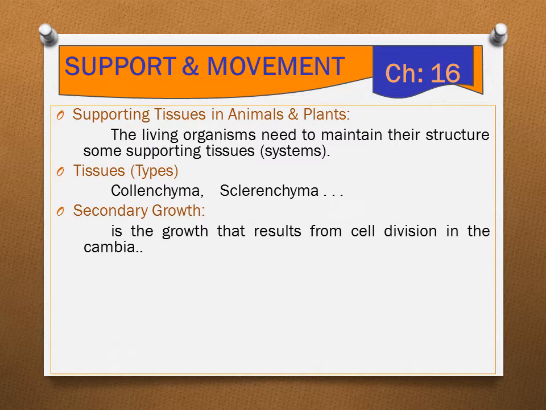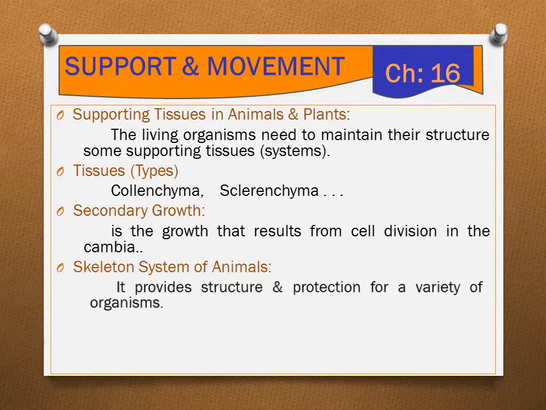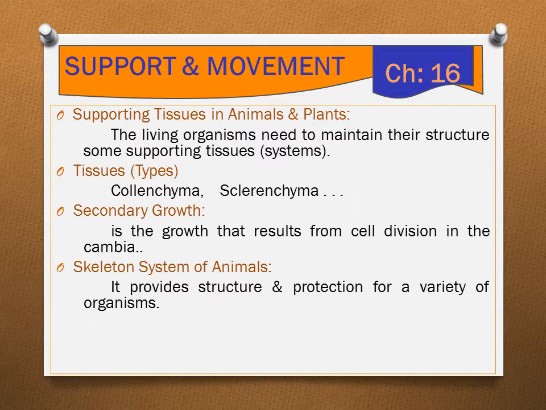The secondary growth takes place by the division of meristematic cells or lateral meristems like cambium. In animals, the skeleton system provides structure and protection to the animals.